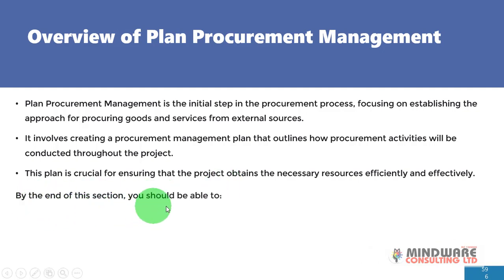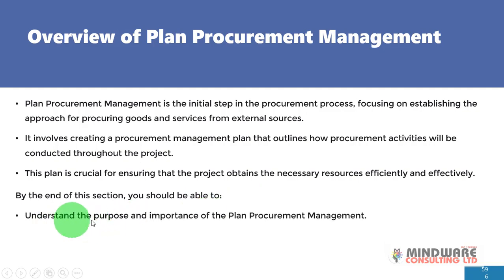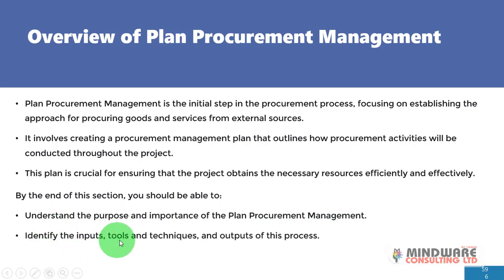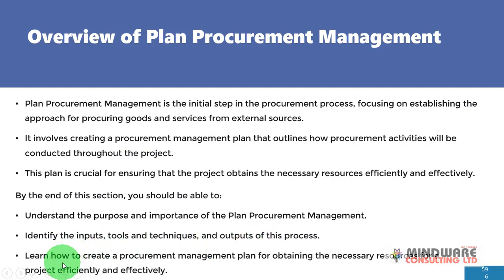By the end of this section, you should be able to understand the purpose and importance of the plan procurement management process. You'll also identify the inputs, tools and techniques, as well as the output of this process. And then you will learn how to create a procurement management plan for obtaining the necessary resources for a project efficiently and effectively. So that's an overview of plan procurement management.